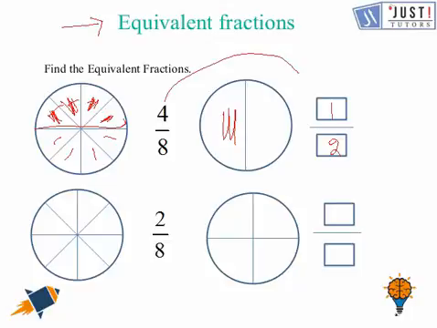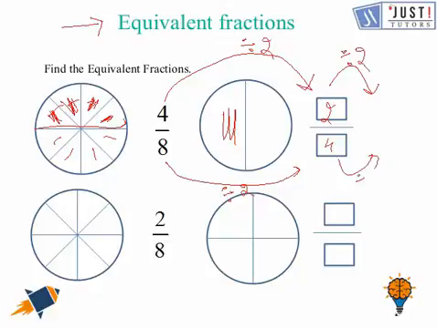Or we can find it like this: divide by 2 here and divide by 2 here. This will give us 2 over 4. And we divide by 2 again to get 1 over 2, which represents this picture.